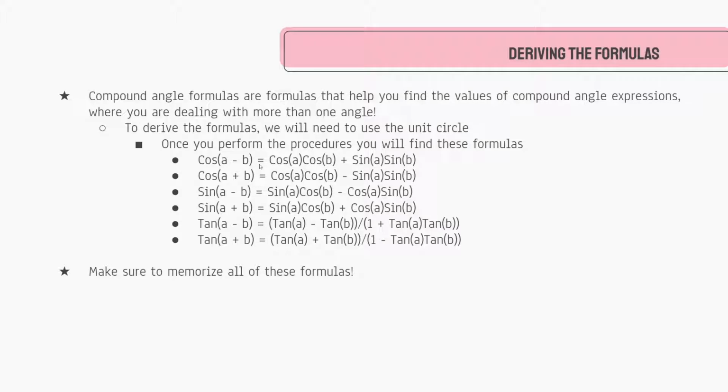So for example, we've been dealing only with sine of theta. We were never talking about an angle like theta plus theta 2, or like theta plus beta, you know? But this is where these formulas come in to help you out. Again, I will show you how to derive them in a couple of seconds.